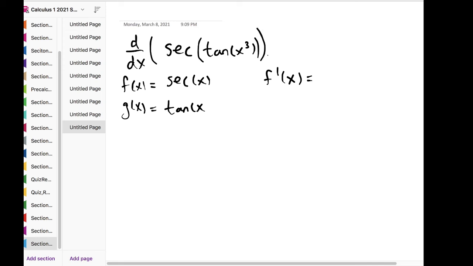What's the derivative of secant? We did this one last page, right? Secant tangent.